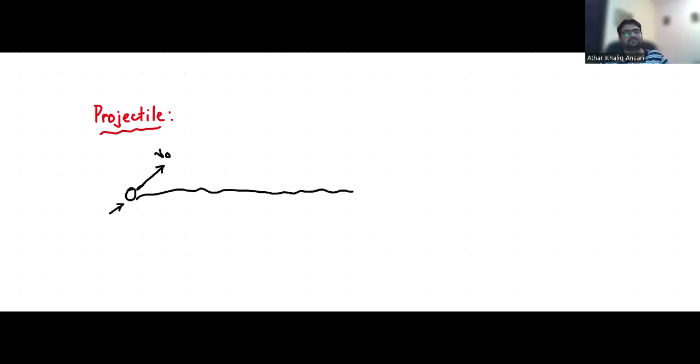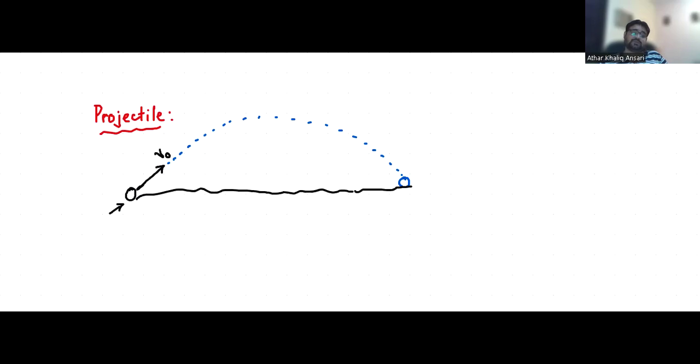But when you see it will get into the air, it will not only move upward, it will also go forward, and it may reach the ground at this point. So this type of motion that is having a two-dimensional path, we name this a projectile.